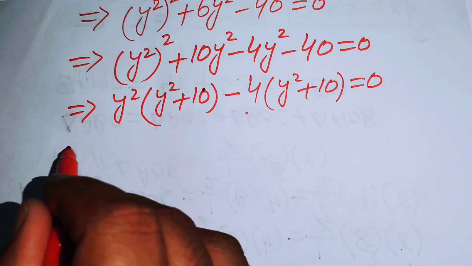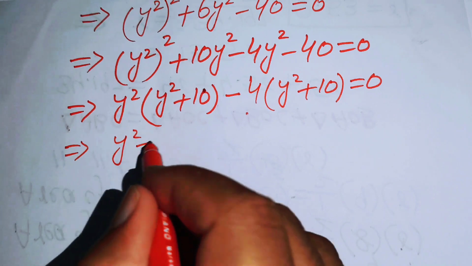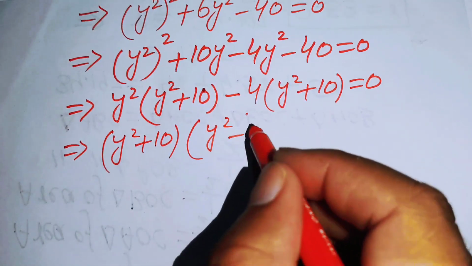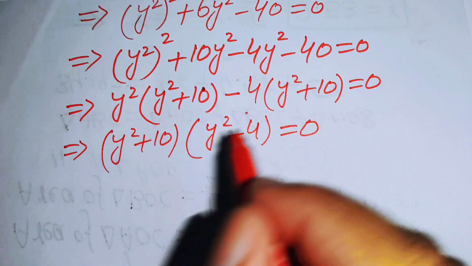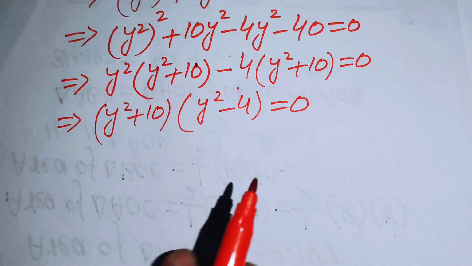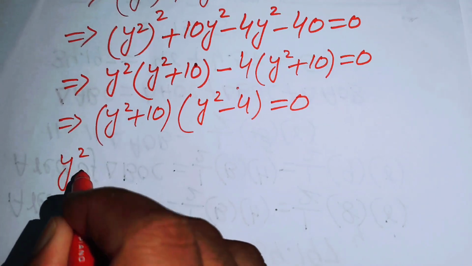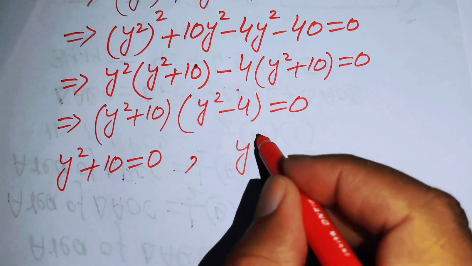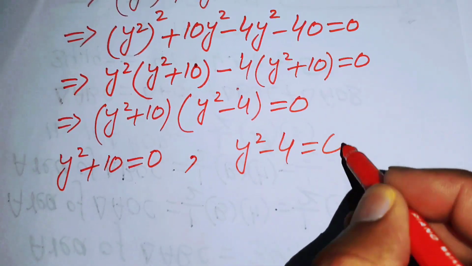Here you can take common y squared plus 10 from both of the terms and you get y squared minus 4 is equal to 0. So here we have two cases. The first case is y squared plus 10 is equal to 0, and the other case is y squared minus 4 is equal to 0.